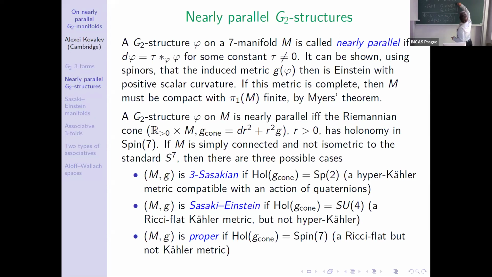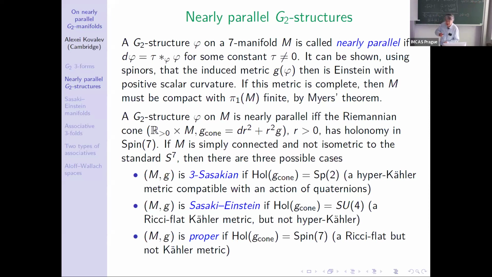Maybe I'll also point out here that these groups that I wrote down are subgroups in increasing order. Okay, that's a little bit of motivation why one could be interested in nearly parallel G2 structures.